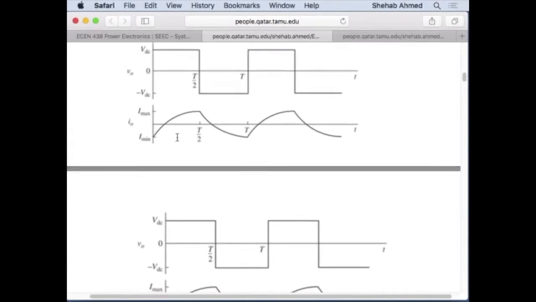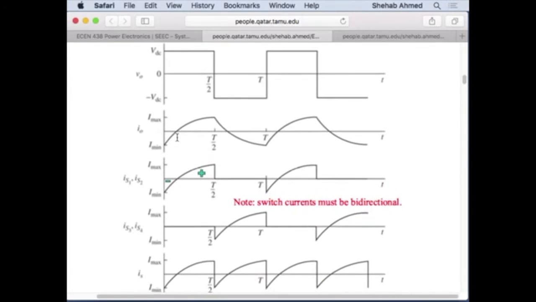So since current is both positive and negative, you have to select a device combination that accepts current to flow in both directions to substitute in the circuit instead of the ideal switch that we have, right?